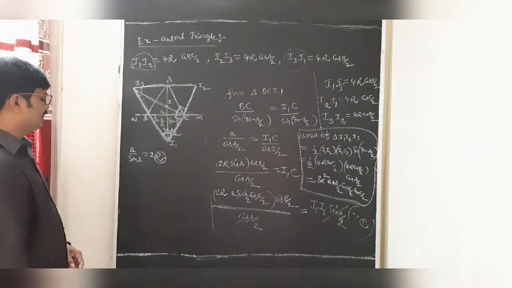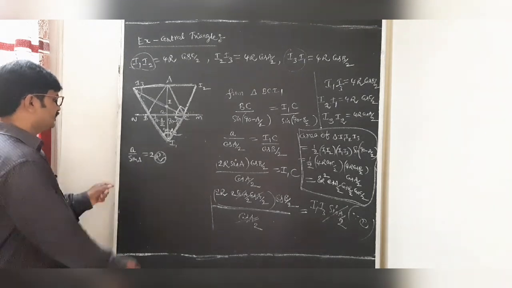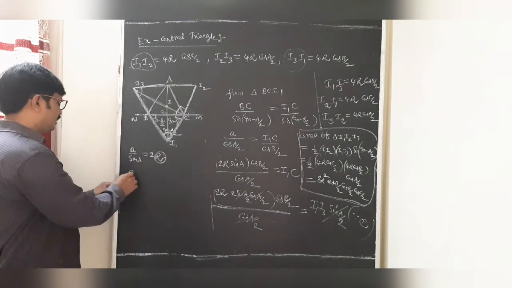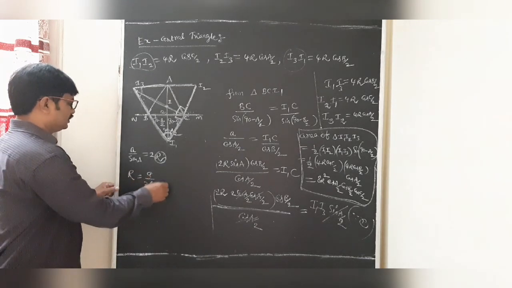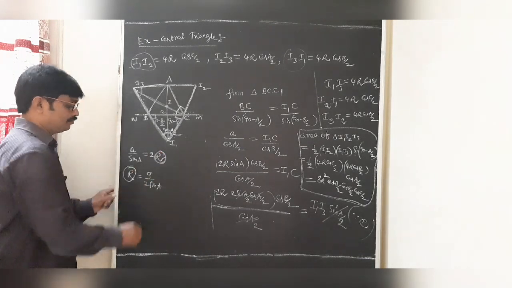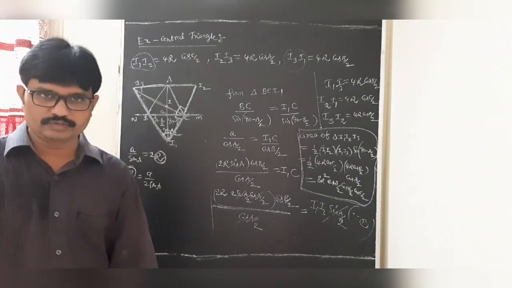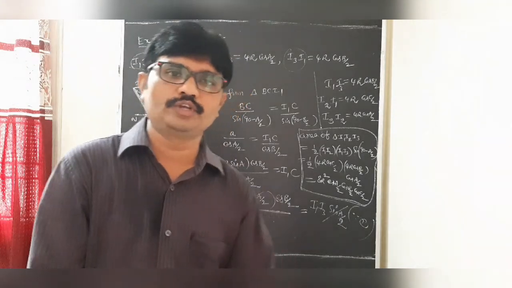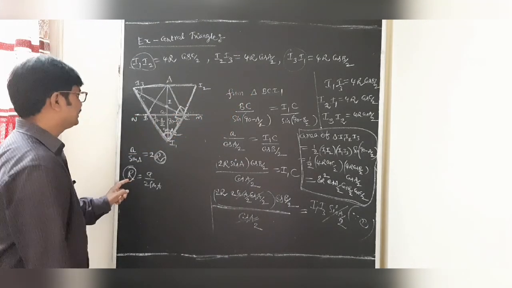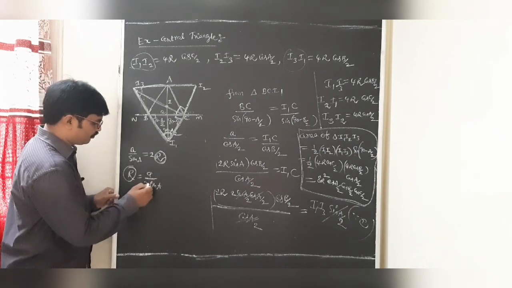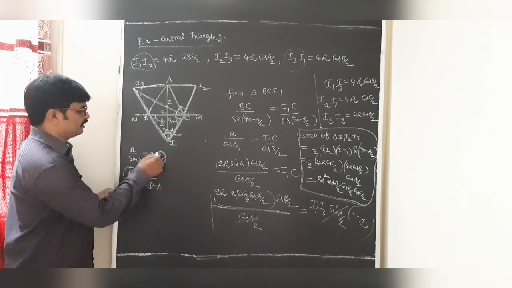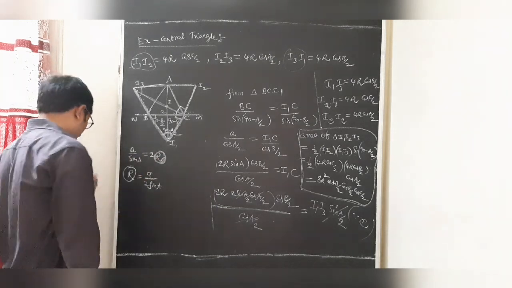The circumradius of the triangle ABC, capital R, is A by 2 sin A.